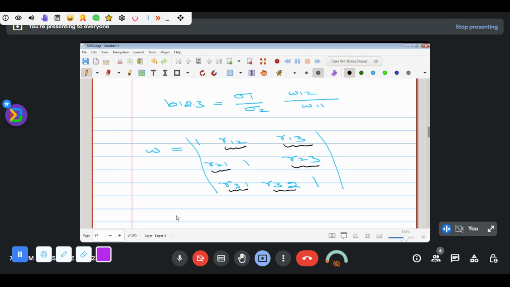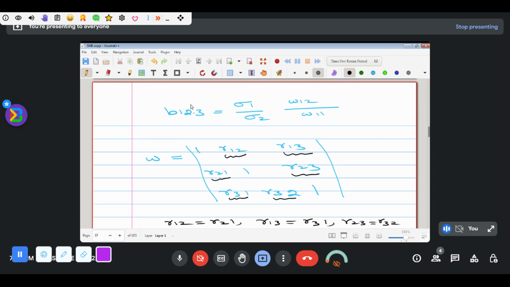So r12 equals r21, r13 equals r31, r23 equals r32. Both values are the same. This is the formula for p12.3.